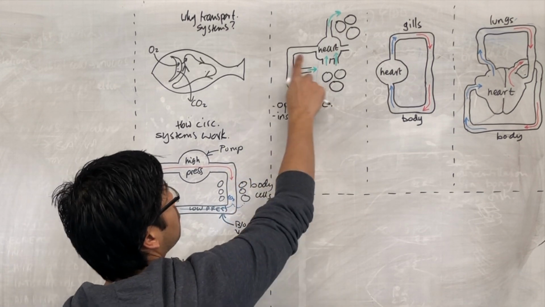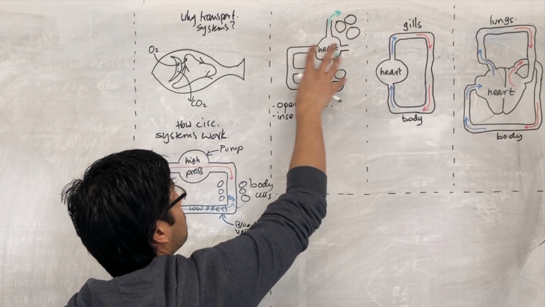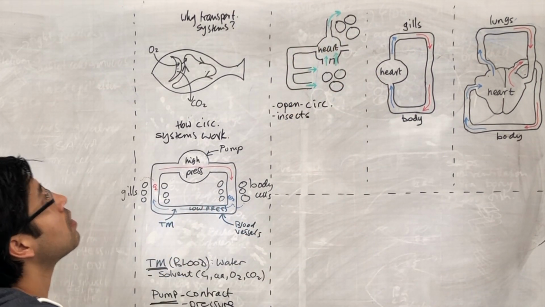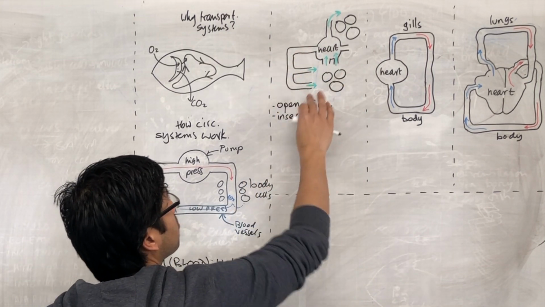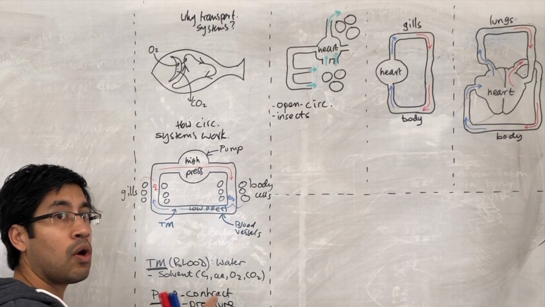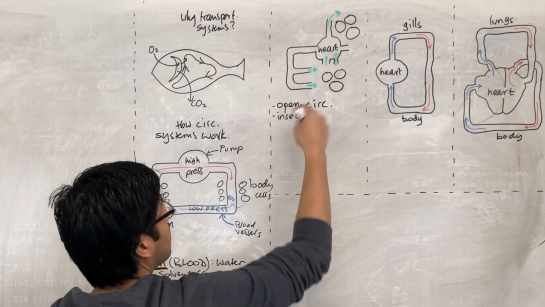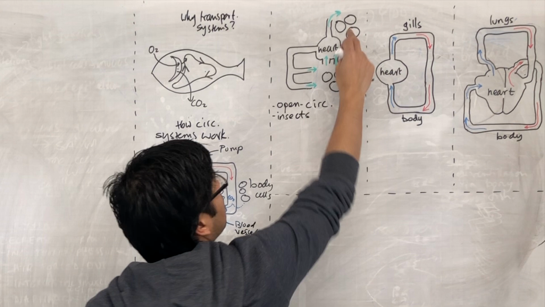We've still got a transport medium, this fluid, the hemocoel that moves around, bathes the cell, okay, and we've got the vessels, but the vessels are not closed, they're open-ended.